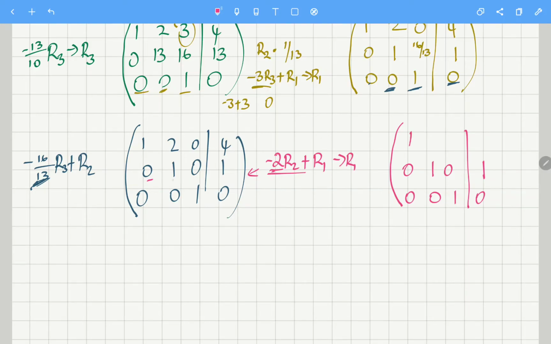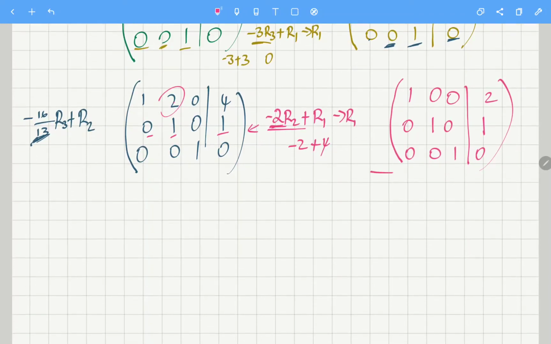Then minus 2 times 1 equals minus 2, plus 2, that becomes a 0. And then minus 2 times 1 is minus 2, plus 4, which becomes a 2 there. Okay, so that's the final answer: x equals 2, y equals 1, z equals 0.